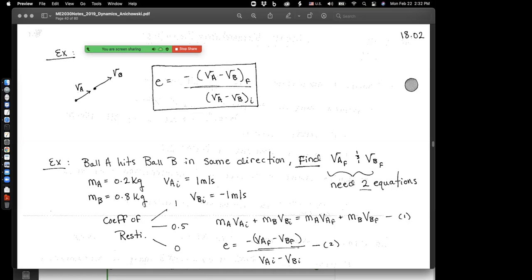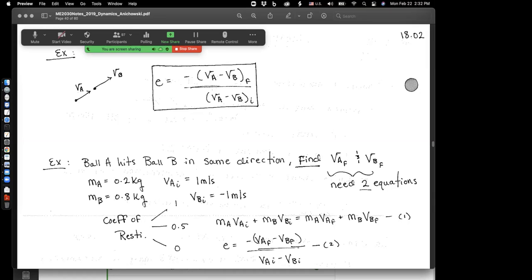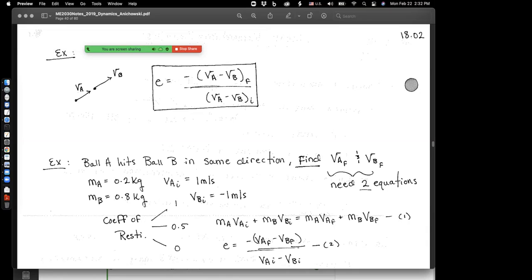You solve for the two unknowns with the two equations, whatever may be the coefficient of restitution. Any questions about that? So that's pretty straightforward. You'll see the homework problems basically rely on this equation.